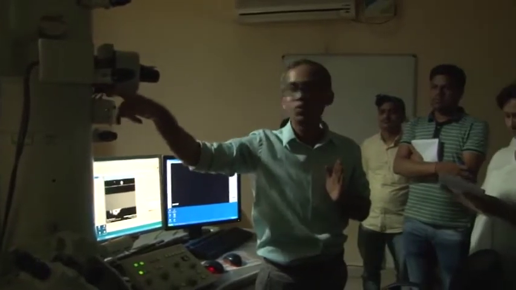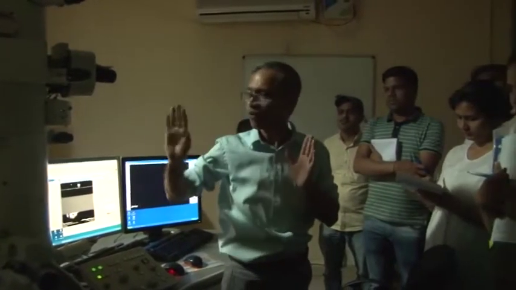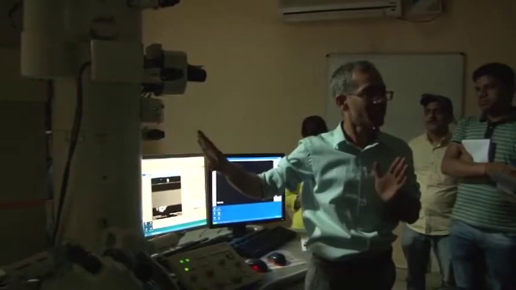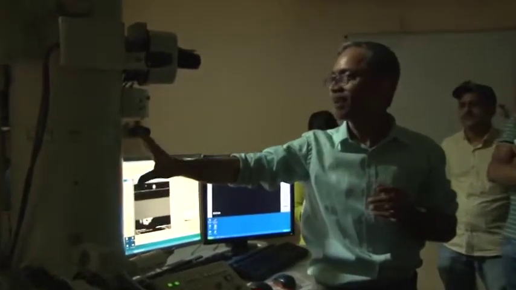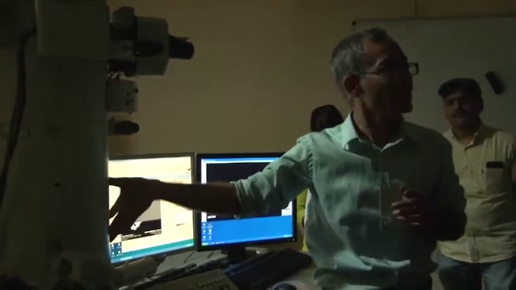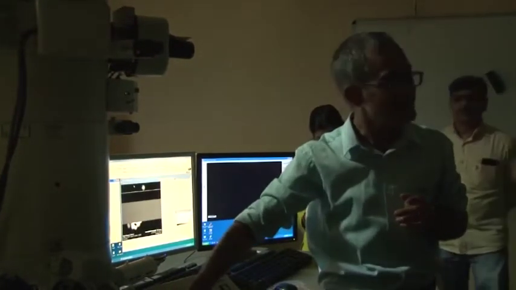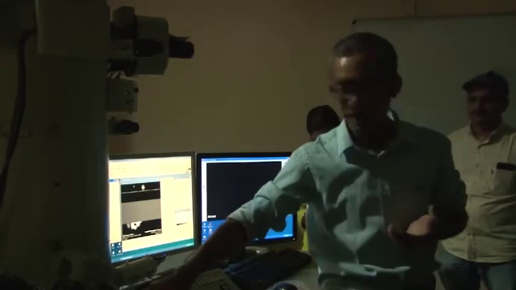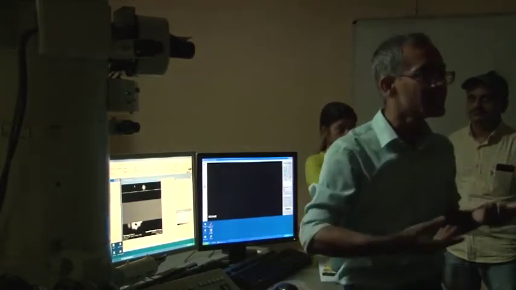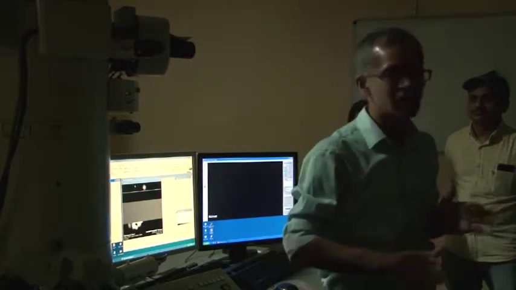Okay, so fine. Now we understand this geometry more or less, and then these are the intermediate lenses and projection lenses, etc. And finally the screen, which is a fluorescent screen. If the electrons hit the fluorescent screen, they fluoresce, and so we get the image.